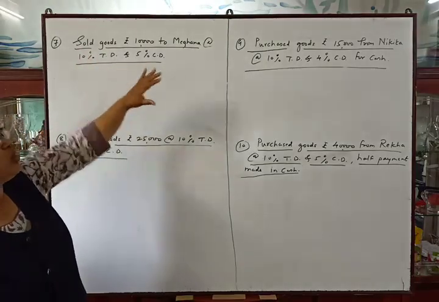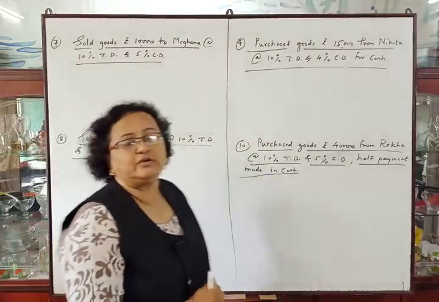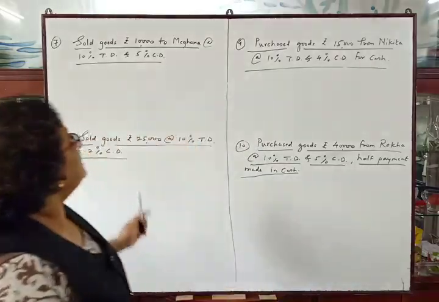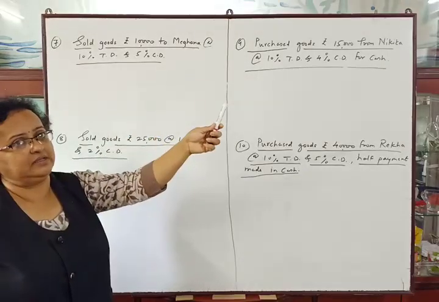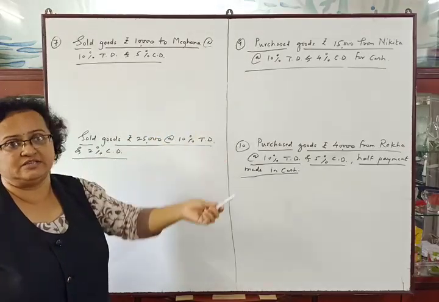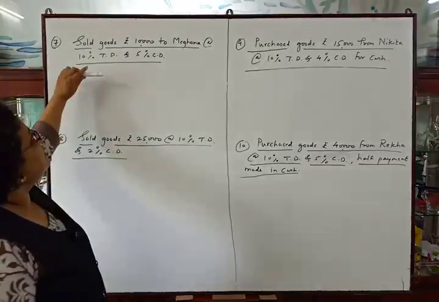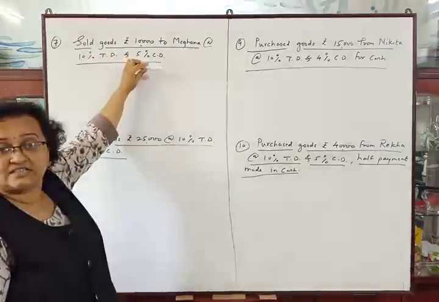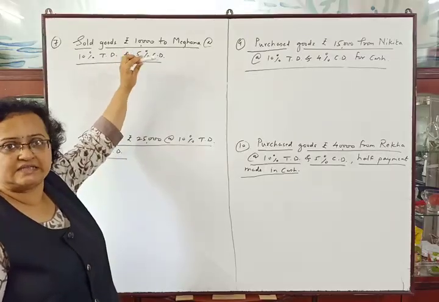Now here, as for cash words are not given, we will assume that this is the credit transaction. So we will not allow 5% cash discount to Meghana as she is not making the payment immediately. Okay. So here we will calculate only trade discount even though 5% cash discount is given in this transaction.